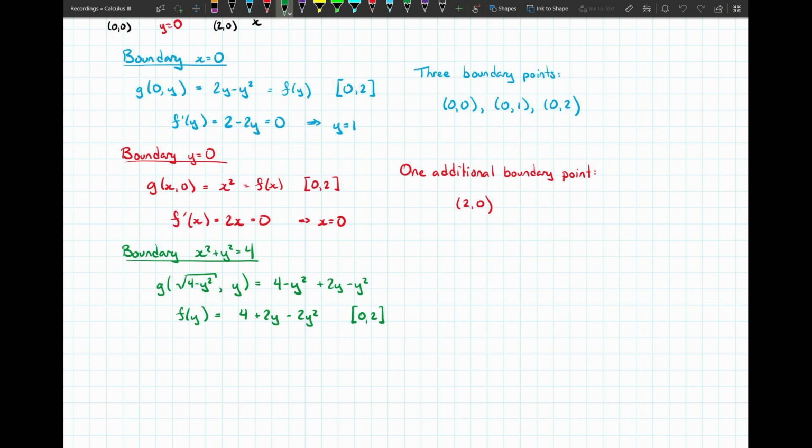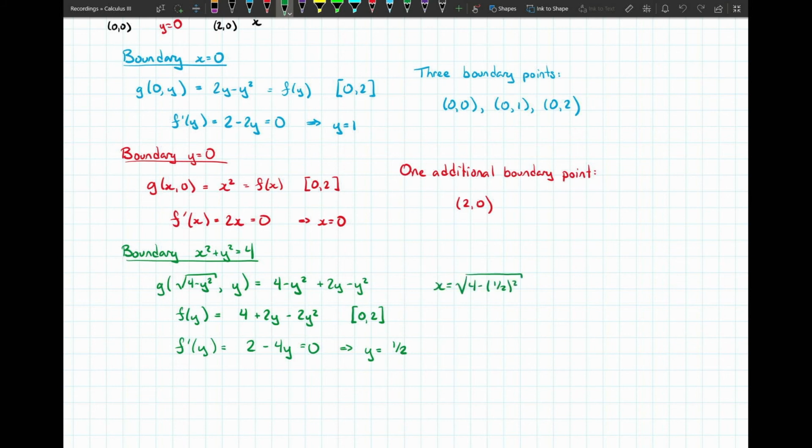If we take a look at critical numbers of that particular function, we look at the derivative, 2 minus 4y equal to 0, and that gives us one critical number, y equals 1/2. Now this time around, because this isn't just a nice straight line where x equals 0, to get the x coordinate, we'll actually need to plug y equal 1/2 back into our equation for x. x equals the square root of 4 minus y squared.